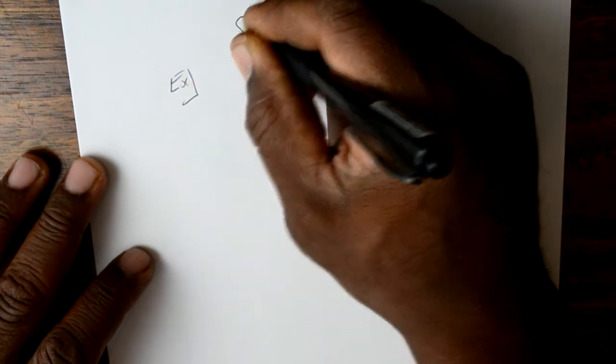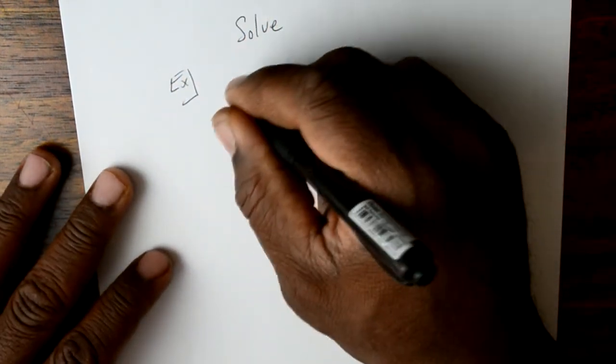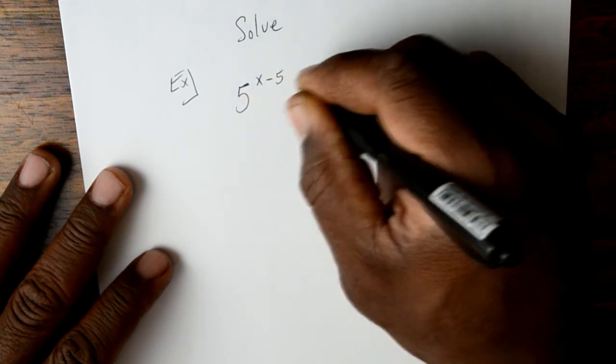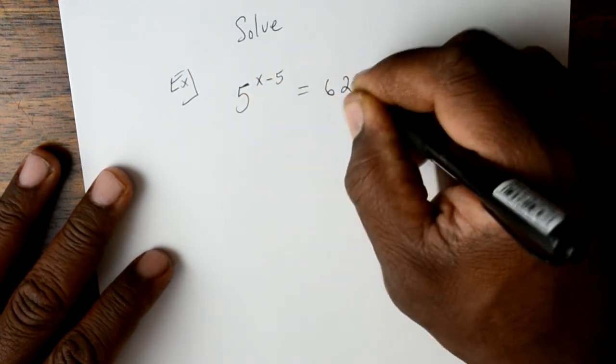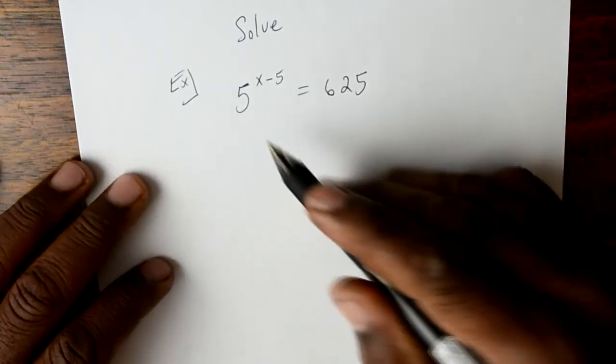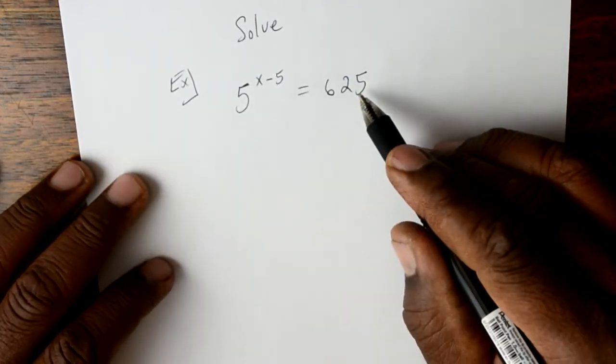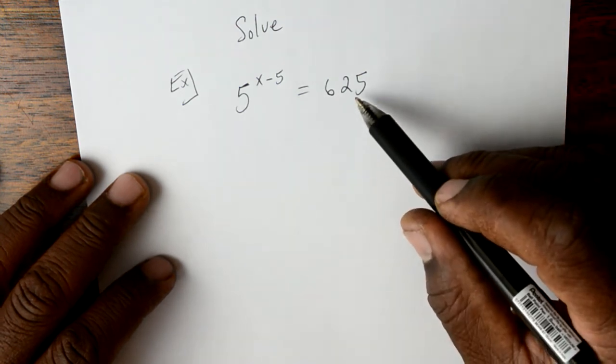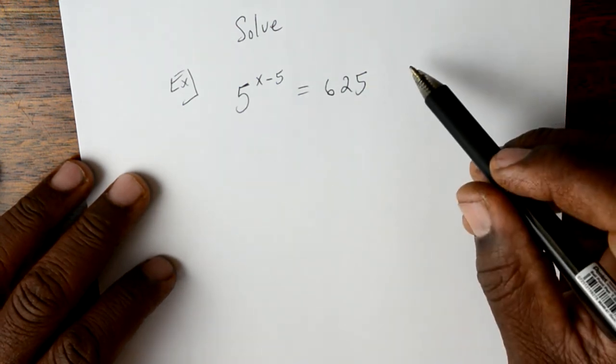Let's take a look at another example. Here we're asked to solve 5 raised to the x minus 5 power is equal to 625. Here I will make both of my bases base 5 because we can write 625 as 5 to the 4th power.